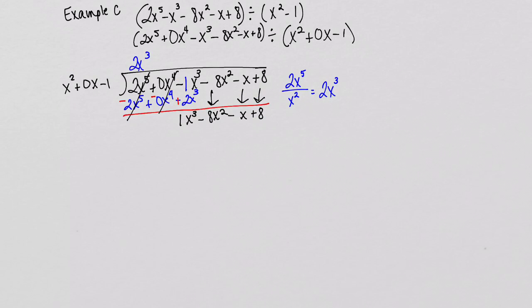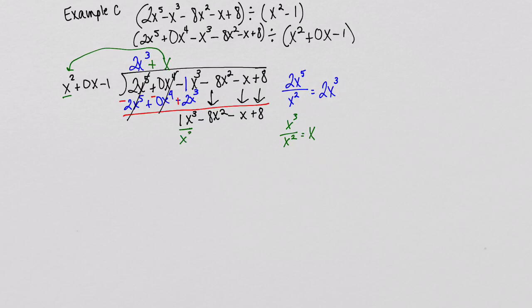Okay, so now I am ready to divide my leading term of x to the third by x squared. So x cubed divided by x squared is simply x. I write that on the top. Distribute. So that's going to give me x to the third, which makes sense.